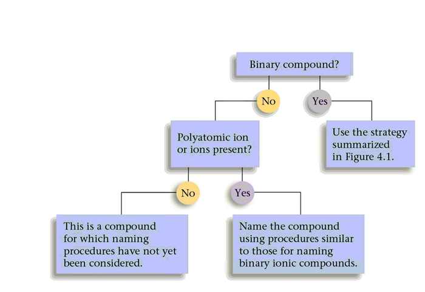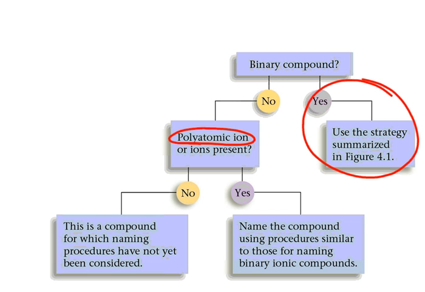so a little flow chart for you. A binary compound, meaning it's made up of only 2 different elements. Well, if it's a yes, then you're doing the same thing that you've been doing before this lesson. Now, if you look here and it's a no, and you notice that there is one of the polyatomic ions present, then you're going to be applying the rules that we did in this video.